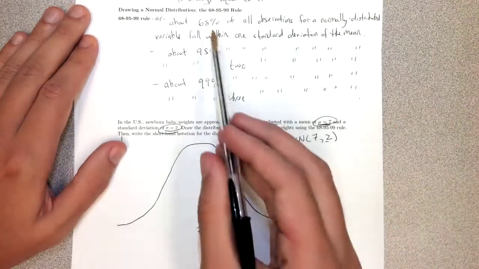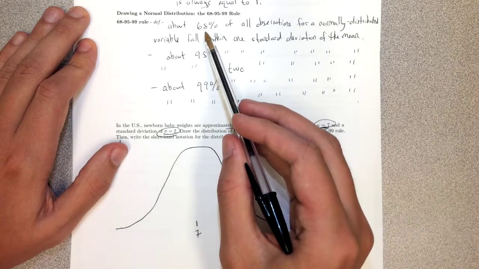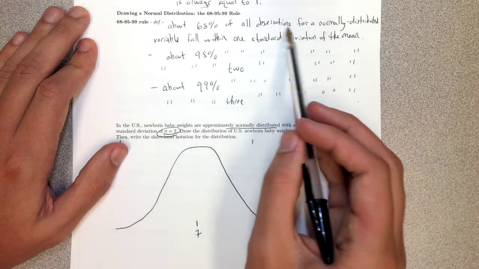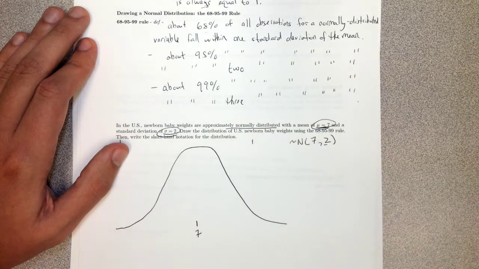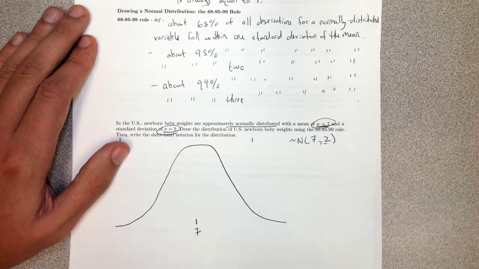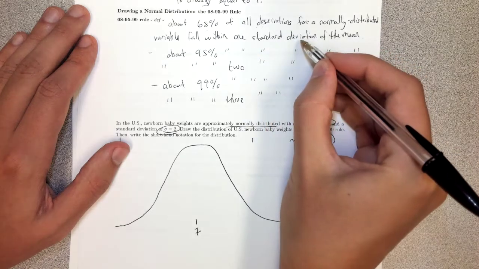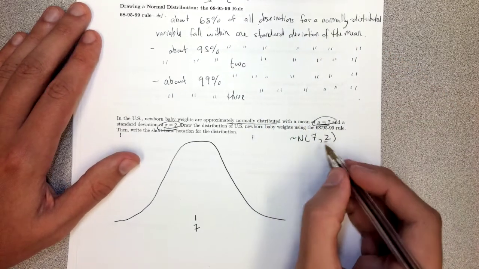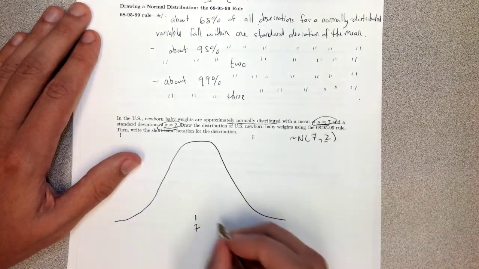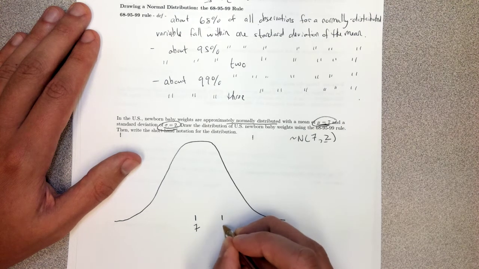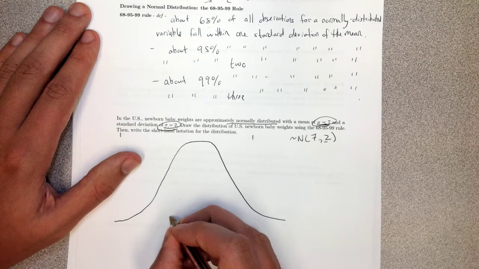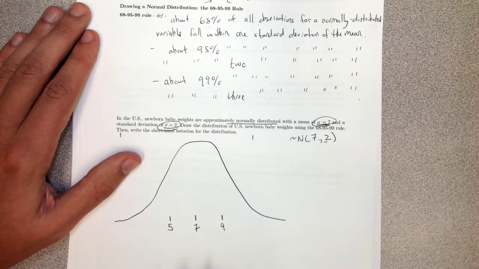And so our rule says that about 68% of all of the observations, which means 68% of all of the baby weights, should fall within a standard deviation. So if a standard deviation is 2 pounds, then I'm going to try my darndest to go out 1 standard deviation on either side.